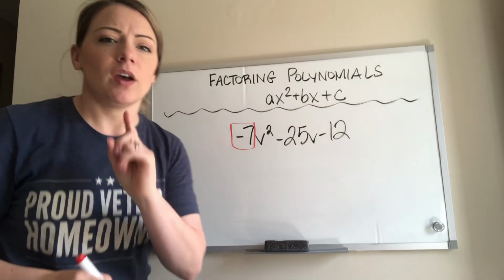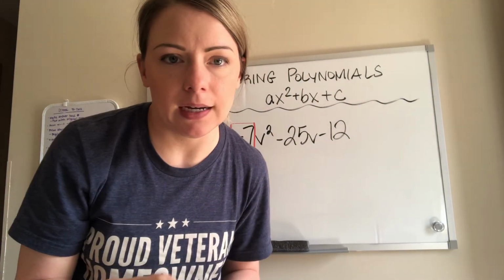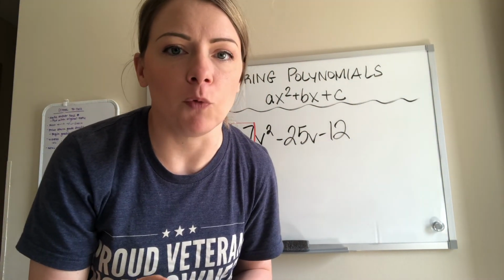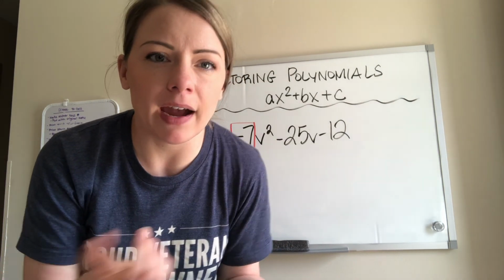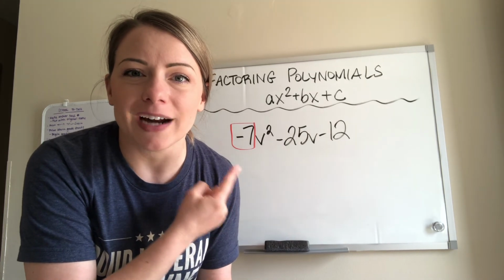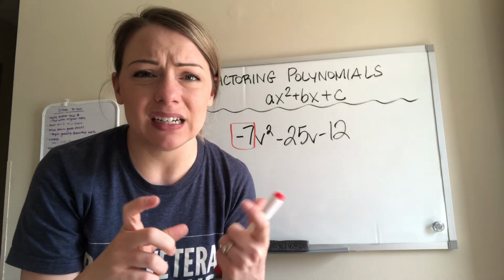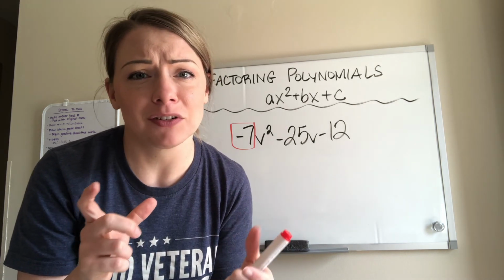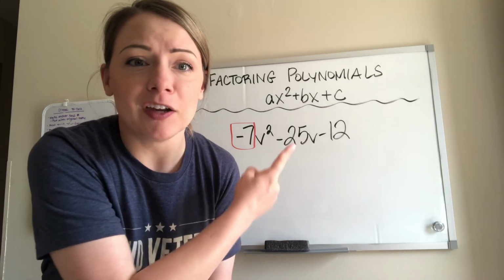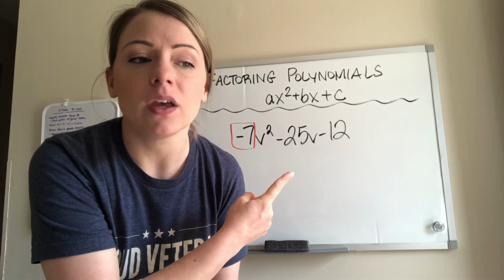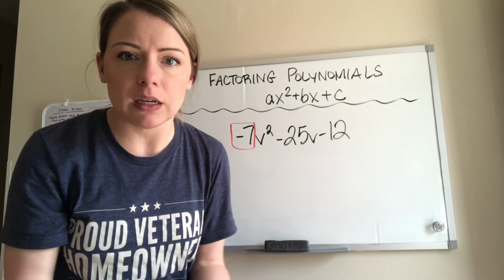All right, so flip that page back over in your textbook, just like I'm doing, to page 393, and I want you to look at example 4. In example 4, they're talking about how you would factor a problem like this when your A is negative. So instead of trying to figure out, all right, A is negative, let me think about all the different factors that can make that -7, and then that -12, and then contribute to this -25, what they did is say, go ahead and factor out a -1, which is completely okay.